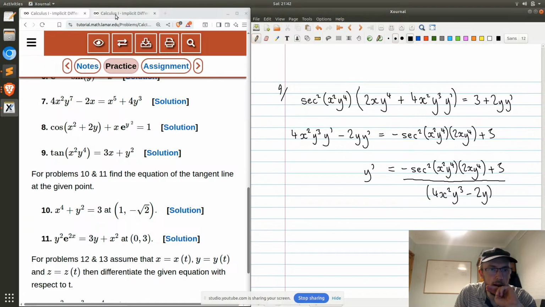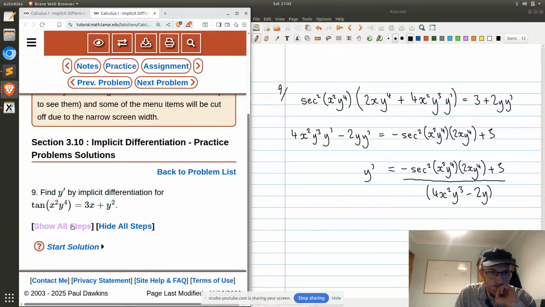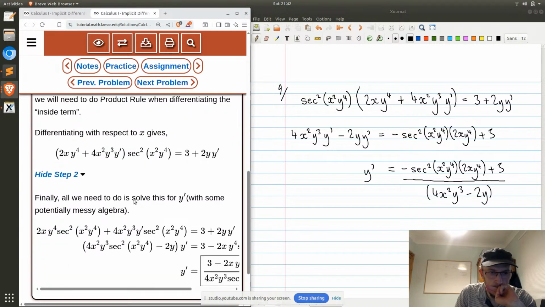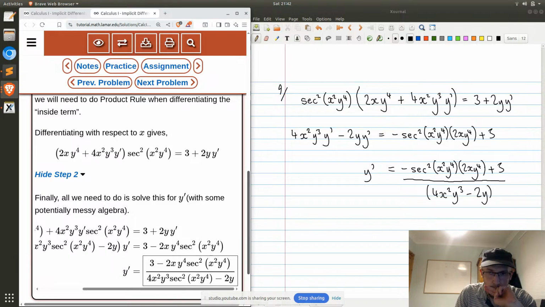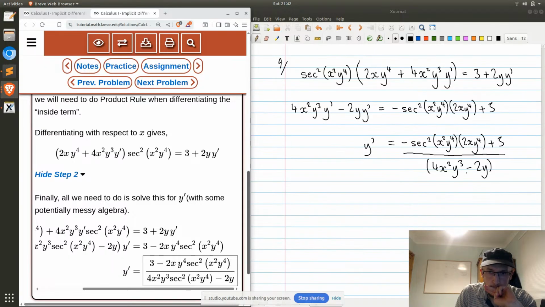Now we check. Okay, that's good. And the denominator? Is the denominator any good? Darn it.